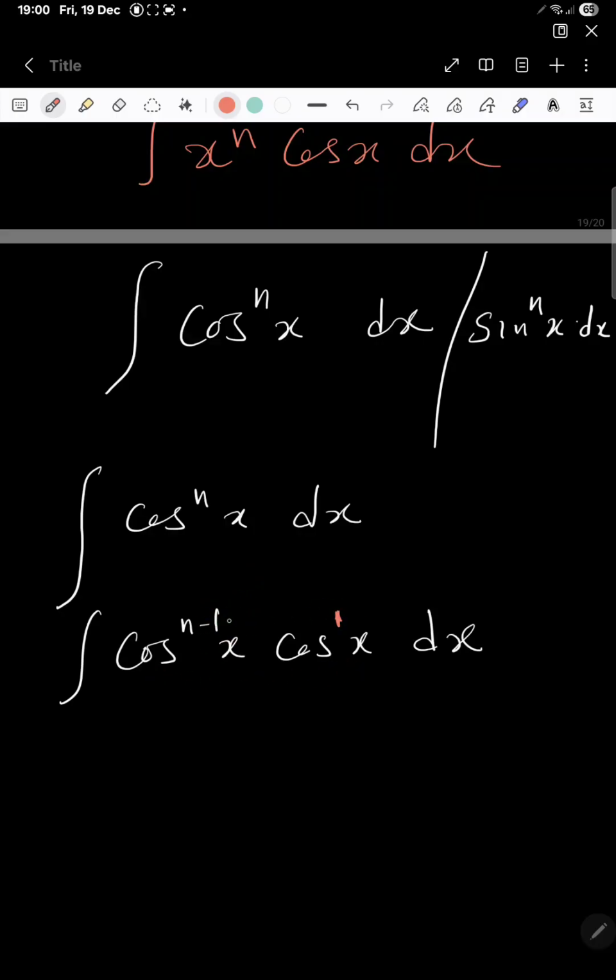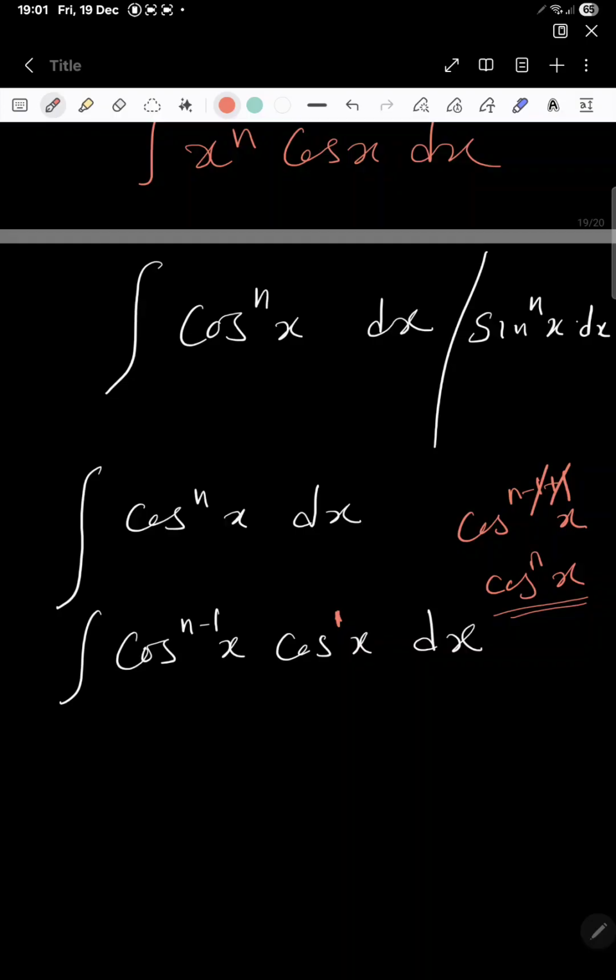Here the power is n minus 1 and the power there is 1. So if you are multiplying something of the same bases, you just need to add the powers. So you keep the cos and then you add n minus 1 plus 1, like that, meaning that you are going to have cos of n, and 1 will go because one is negative, another one is positive, meaning you remain with the cos to the power n x, like that.